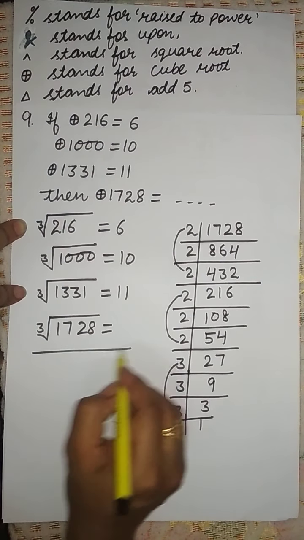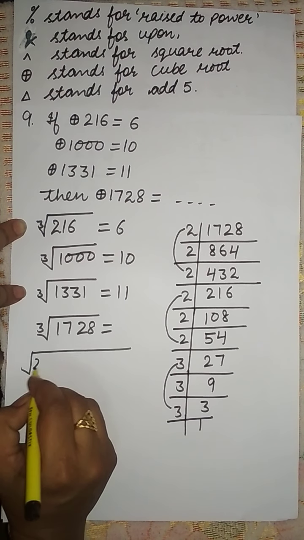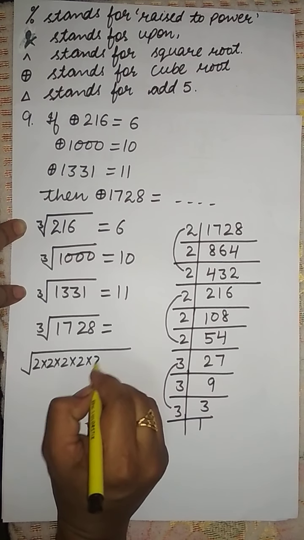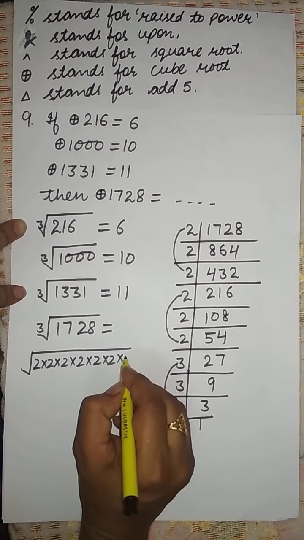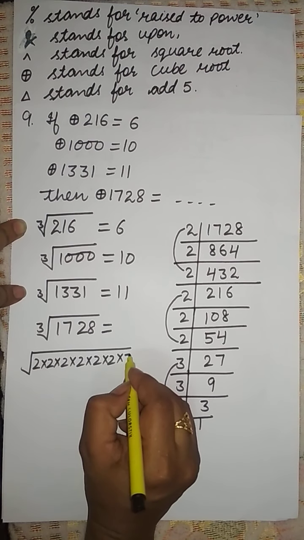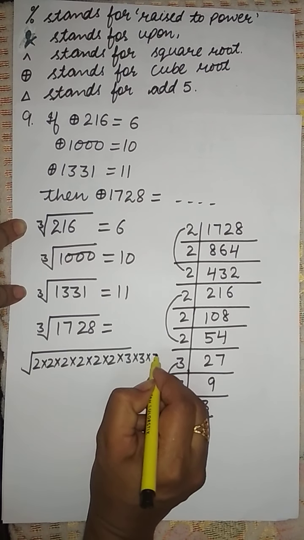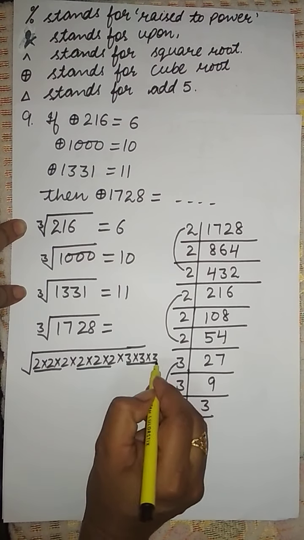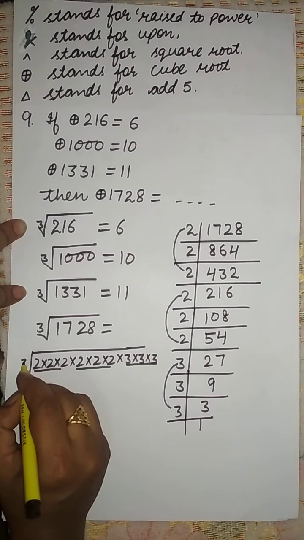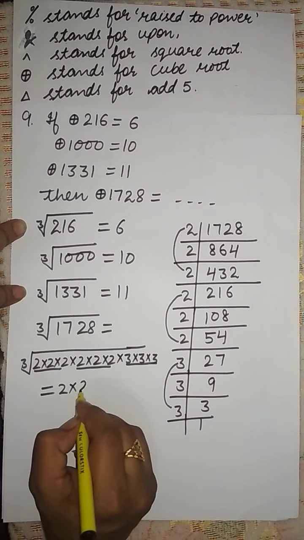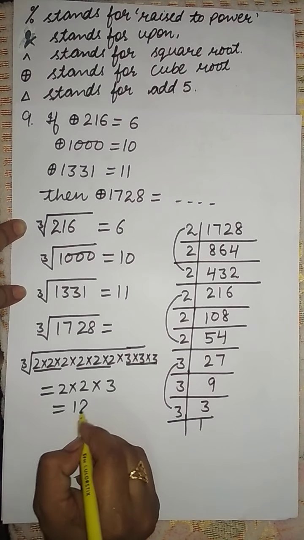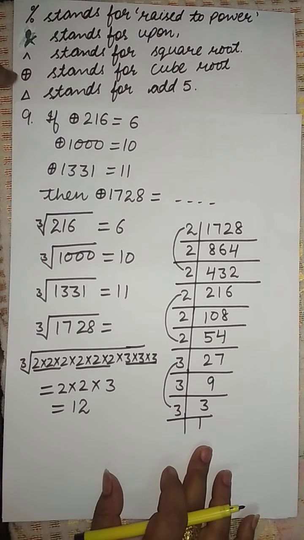So I can write here 2 multiplied by 2 multiplied by 2 multiplied by 2 multiplied by 2 multiplied by 2 multiplied by 3 multiplied by 3 multiplied by 3. So this is the first group, second group and third group. The answer is 2 multiplied by 2 multiplied by 3, that is 2 2s are 4, 3 4s are 12. So the right answer is 12.